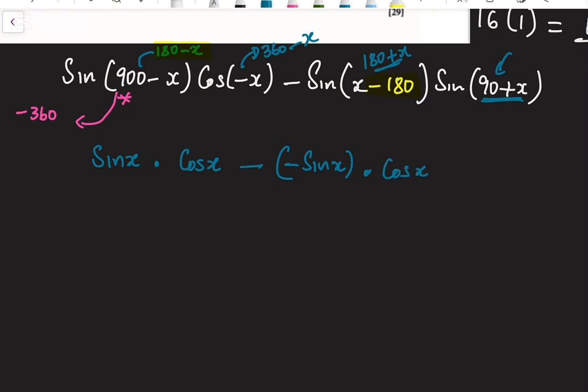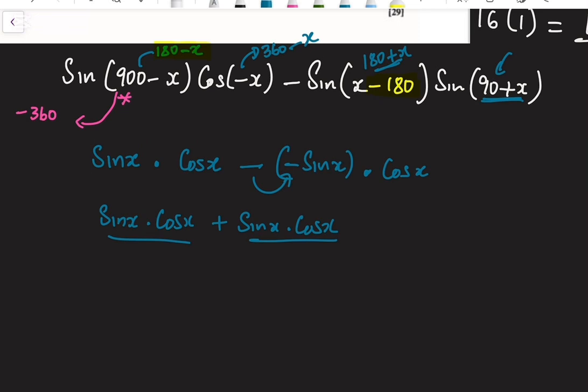Okay. Now, this is the same as sine x, cos x, and then negative times negative, it will be positive, another sine x, cos x. Now we have like terms. And this is the same as having xy plus xy, which is 2xy.